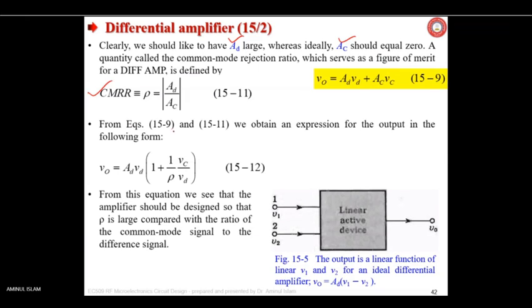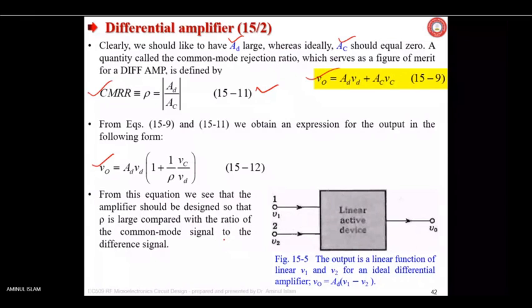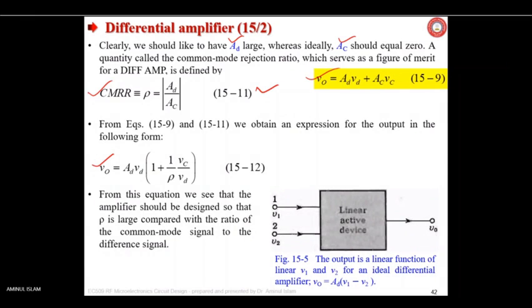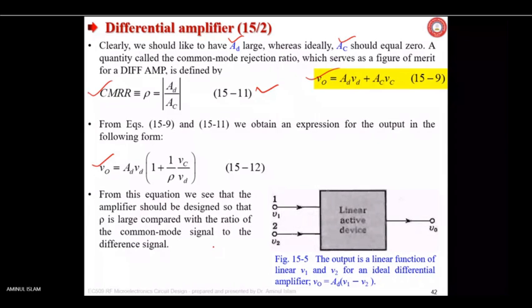From equation 15-9 and equation 15-11, we can express VO as: VO equals AD into VD within parenthesis 1 plus 1 upon rho, where rho is the CMRR, into VC by VD, where VC is the common voltage and VD is the difference voltage.